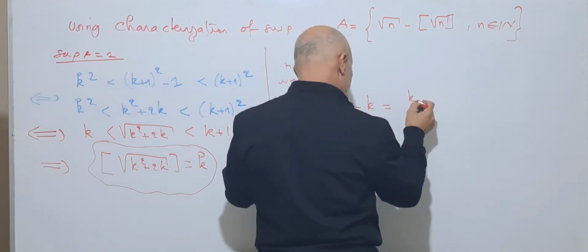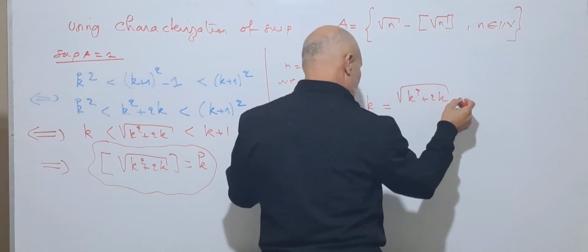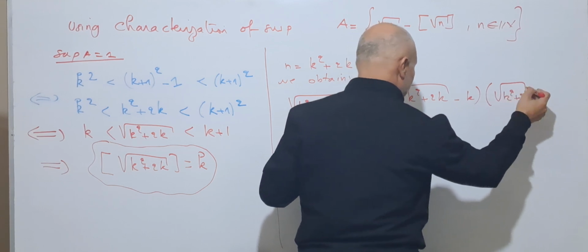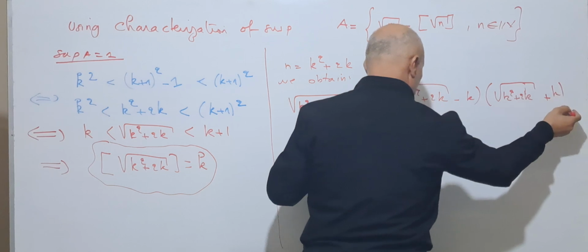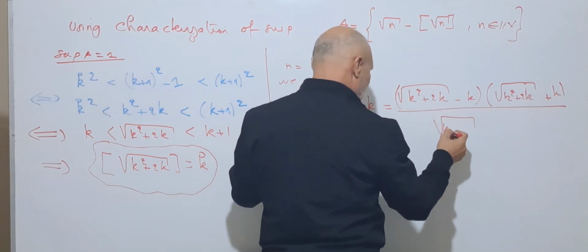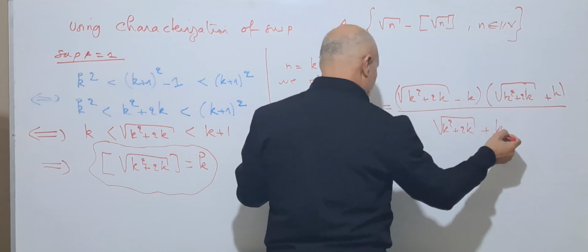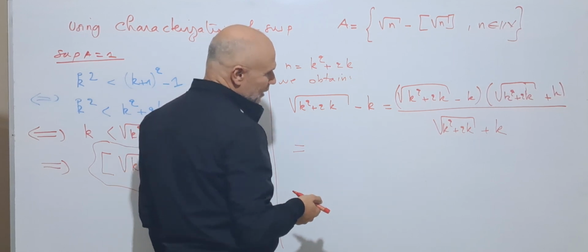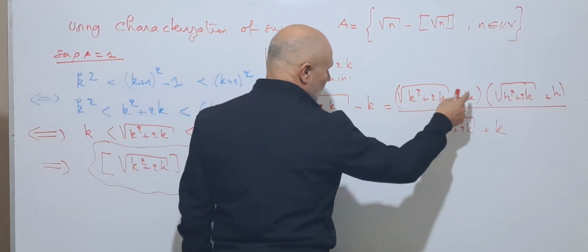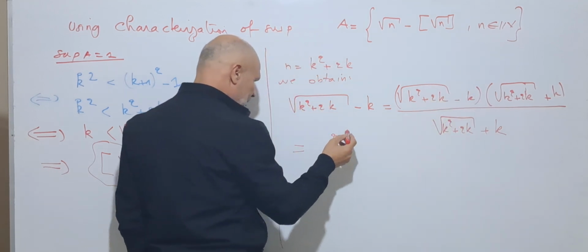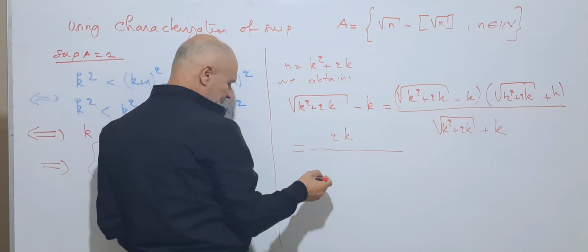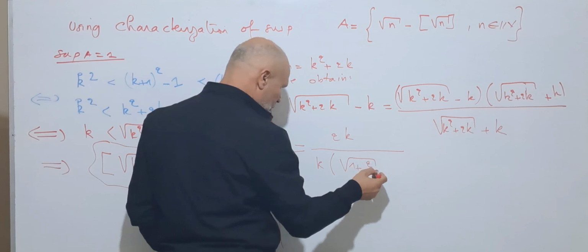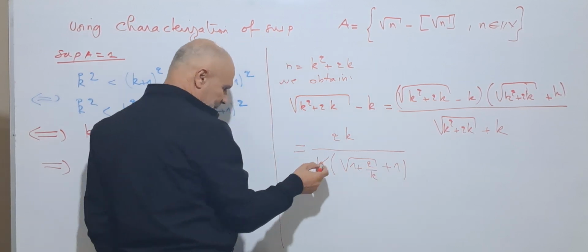We get from here k squared plus 2k minus k squared over the square root of k squared plus 2k plus k, which, after simple calculations, gives us 2k over k times the square root of 1 plus 2 divided by k plus 1, and we can simplify this.